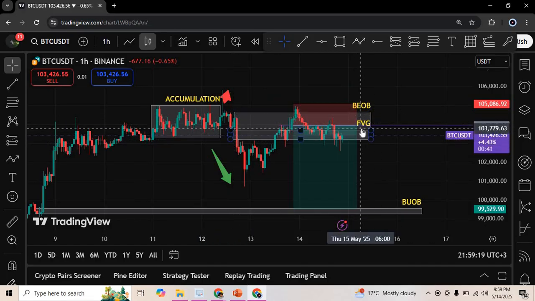Then the third confluence. Someone, the third confluence. Joseph? Bearish order block. Yes, the bearish order block.